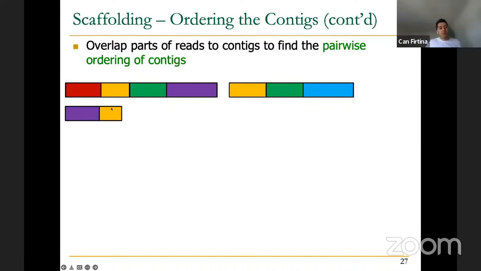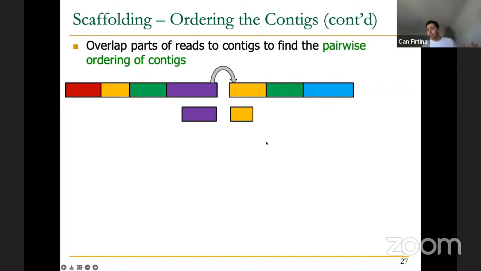They are unordered, but we also have this read that we pick. Then we perform an overlap of this read to this contig, and also to this contig. And once we do the overlap, maybe we're going to get information like this, right? Some part of it overlaps here, and some part of it overlaps here. So now it's clear for us there should be a link between them.